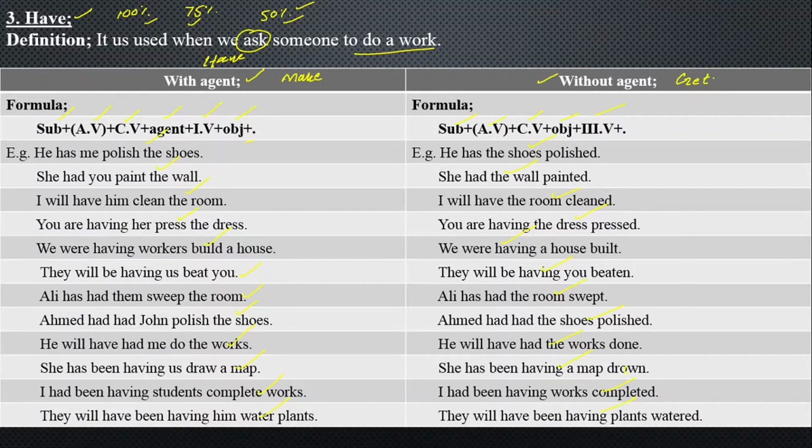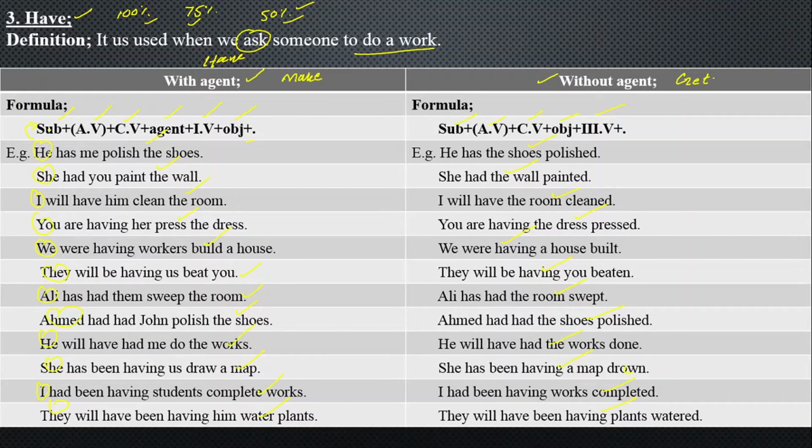So you don't do an action yourself, you get it done indirectly by someone else. Keep in your mind, in these sentences, he, she, I, you, we, they, Ali, Ahmad are known as your subject. And what is the subject? As we told, in causative verbs there are two persons.